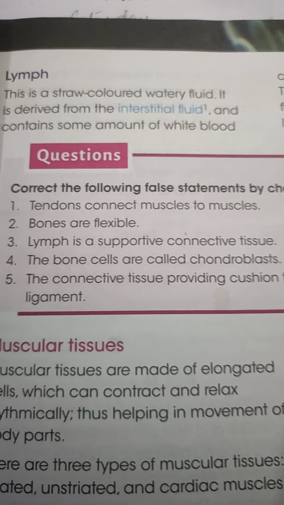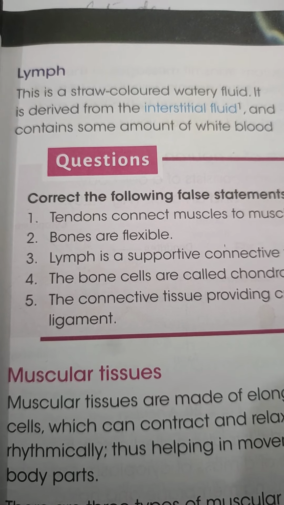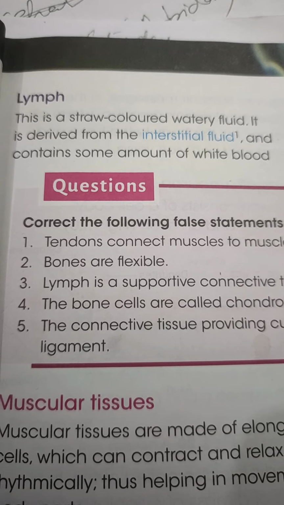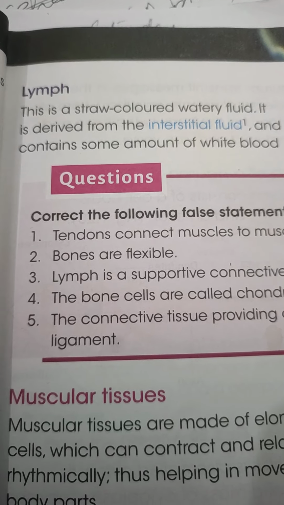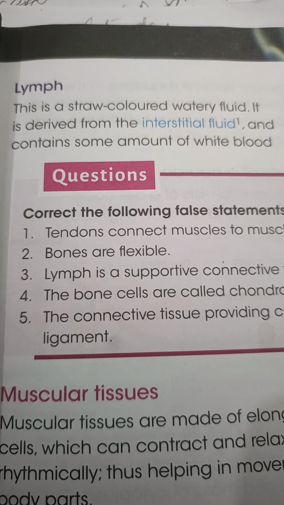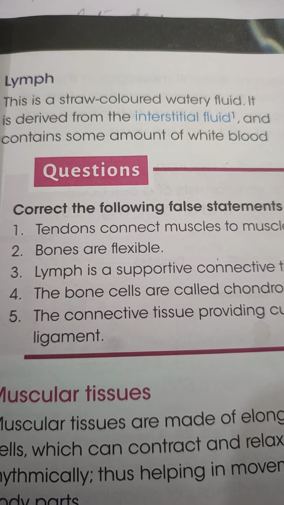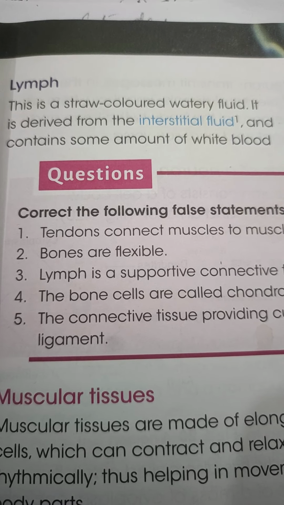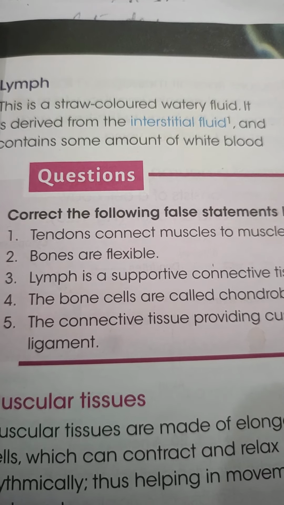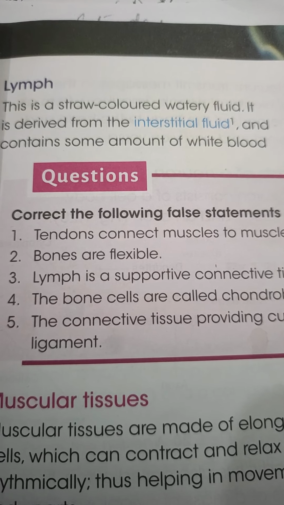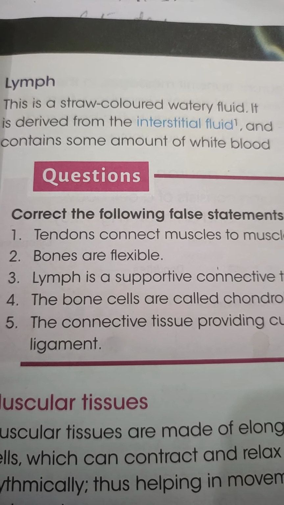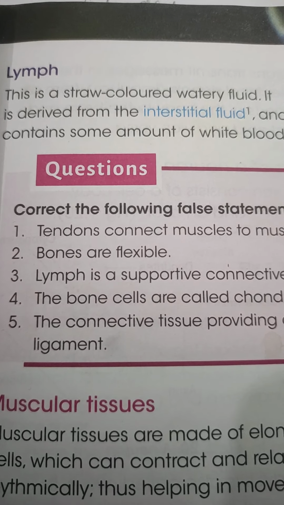Now another fluid connective tissue is lymph. This is also a structural fluid, like plasma, but blood is a red colored fluid. So like plasma, it's a structural fluid, and it is derived from the interstitial fluid and contains some amount of white blood cells, water, protein, glucose, salt.